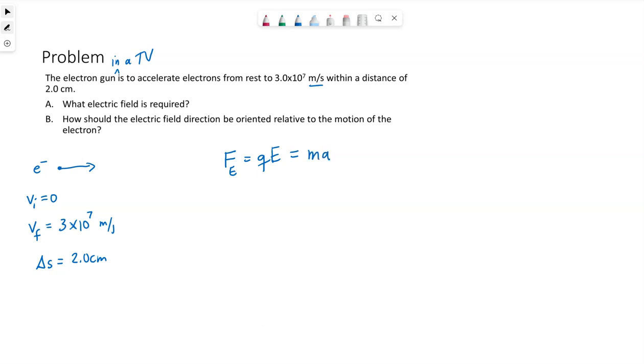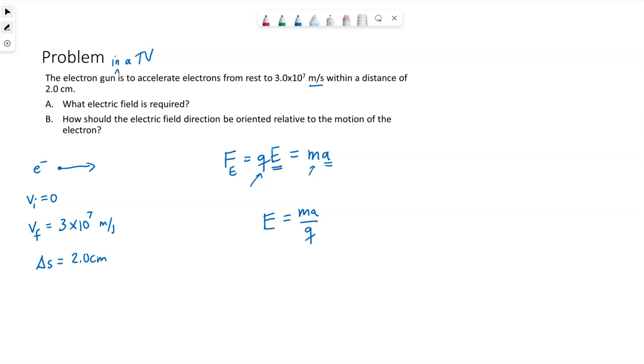That is the only force that we're worrying about right here, so that net force is equal to ma. We want E, we know Q, we know M, because these are electrons. These are values we can look up easily. So we actually need to figure out what the acceleration is in order to come back and solve for this electric field.